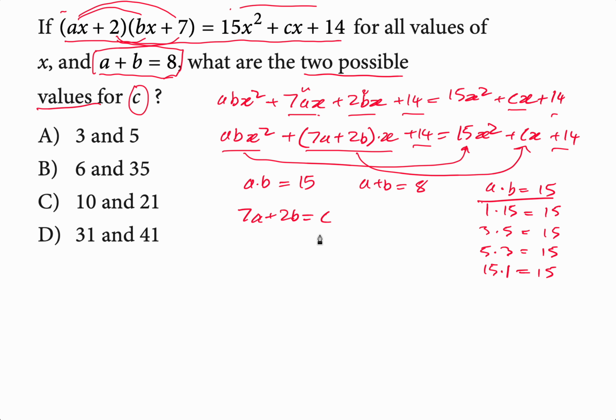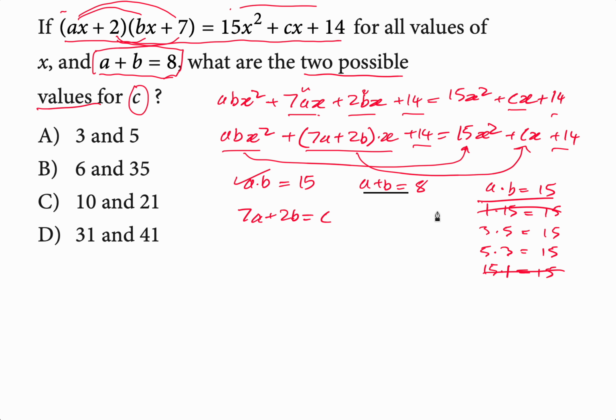So that satisfies the requirement for a times b. But the second requirement we have is a + b = 8. So which one here equals 8? Obviously 1 plus 15 doesn't equal 8, so we can eliminate that. 15 plus 1 does not equal 8, we can eliminate that.